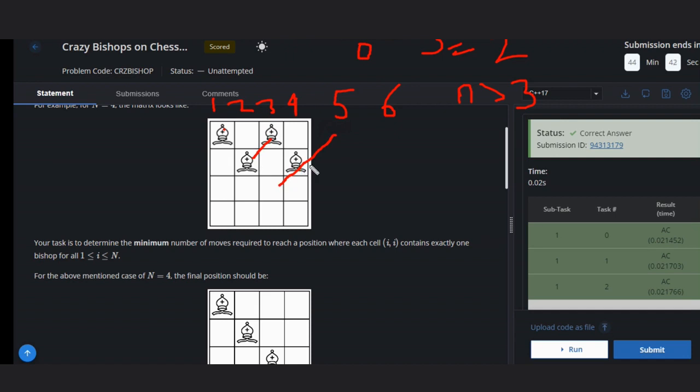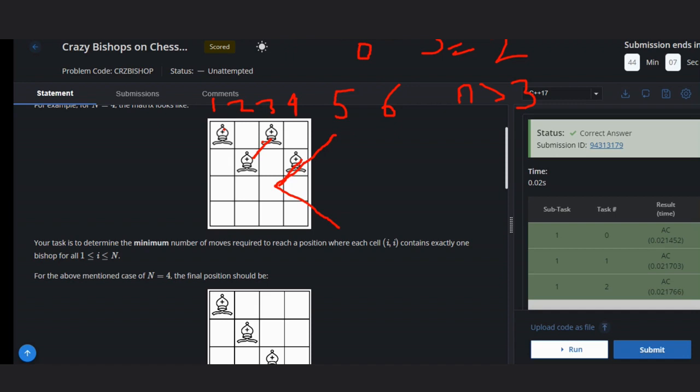For even positions we have to do at least two moves, like first this to this, then this to this. Not for the smaller cases, but for bigger cases like 6. Let's consider 4. We have to move one here, then here. So we need at least two moves for even positions.